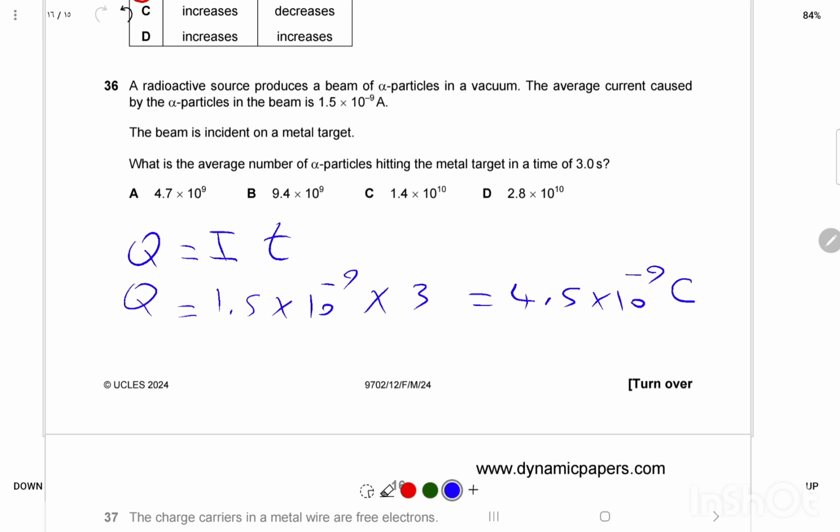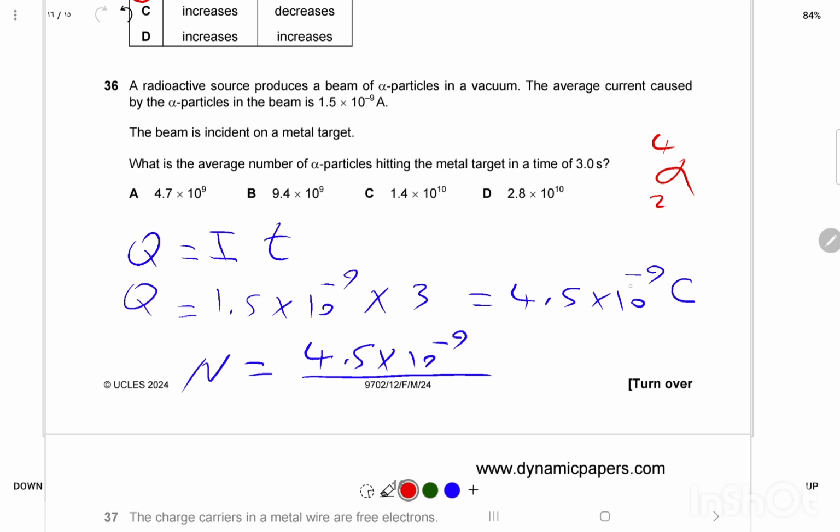So now we divide this number by the charge of one alpha particle. That's the total charge. So the number of alpha particles is the total charge, 4.5 times 10 to the power of negative 9, divided by the charge of one alpha particle. An alpha particle consists of two protons, 2 neutrons.